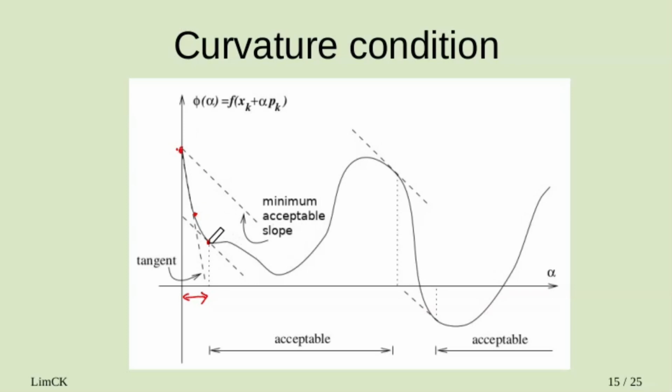Then from this point onwards, we have points with gradient larger than this point, so we can choose. So this area, or this area, is acceptable by the curvature condition.